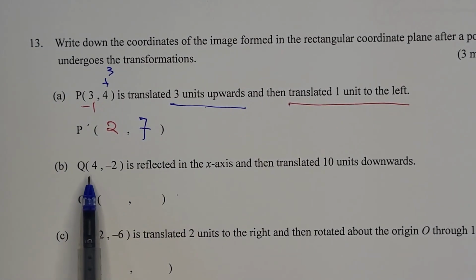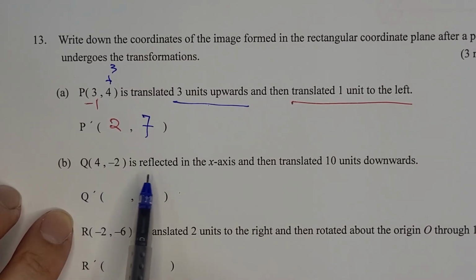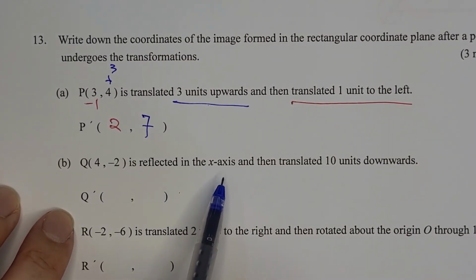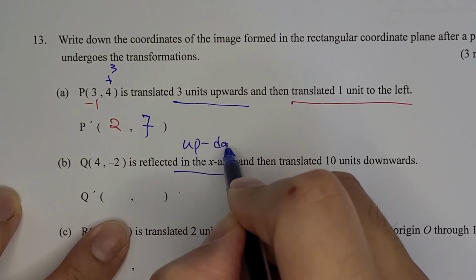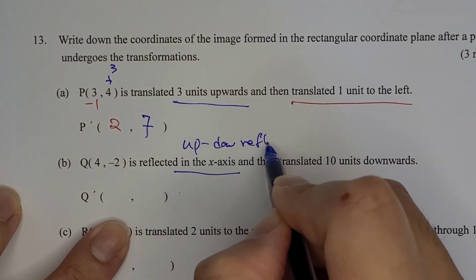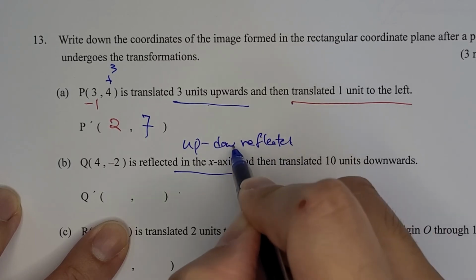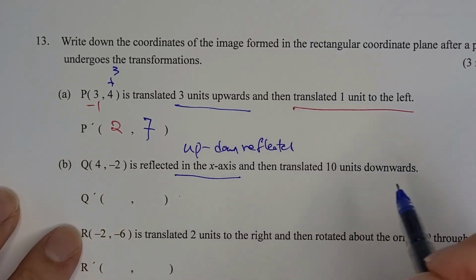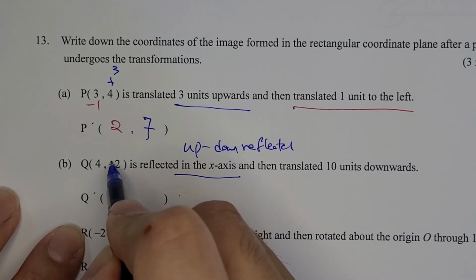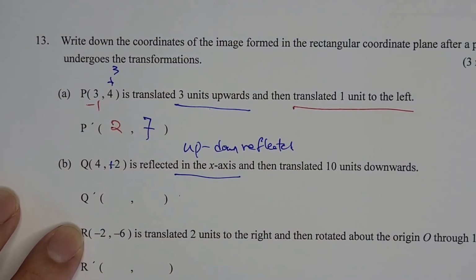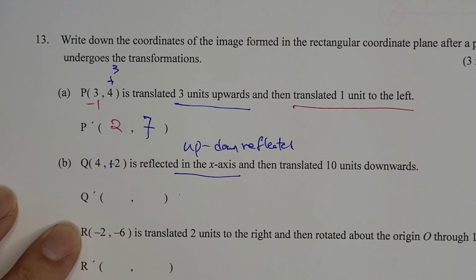Point B. Q is reflected in the x-axis. In the x-axis, that means reflected up and down. So when it is reflected up and down, the -2 will become +2. That's the first action.